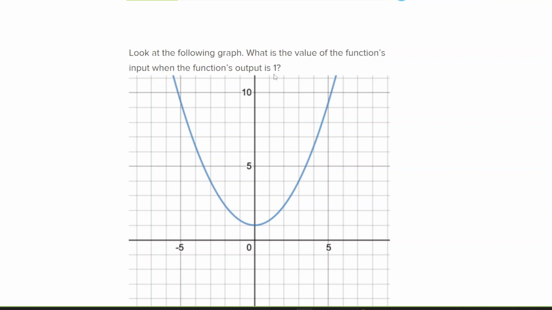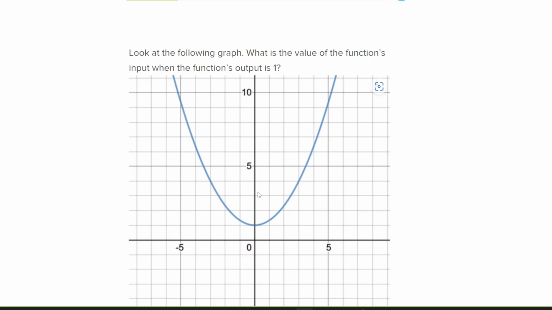So remember what I said earlier. Input is the x-coordinate, a value on the horizontal axis, the x-axis. Function's output is its y-coordinate. So they're giving us function's output is 1.